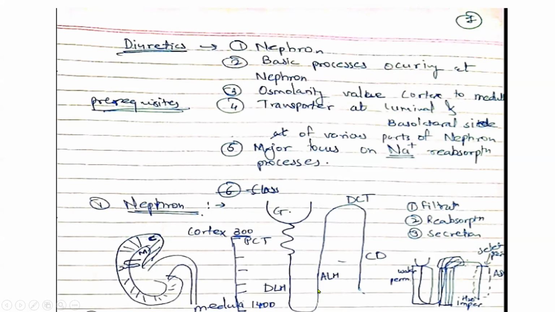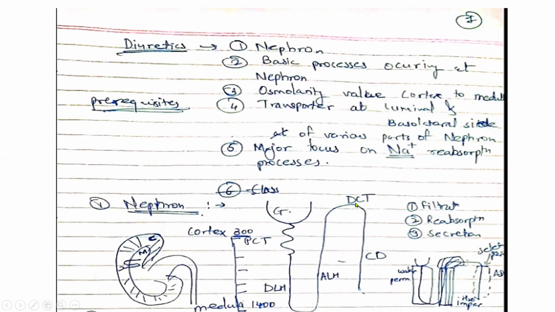So at the ascending limb of the loop of Henle, what is happening? This particular part of the nephron is water impermeable, meaning only solute can leave, water cannot. And you see the osmolality value keeps decreasing, as more and more solute leaves.